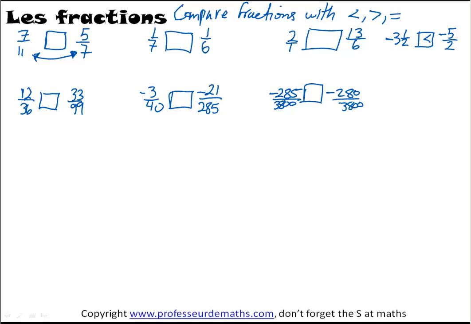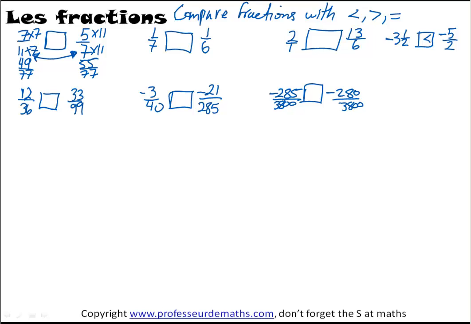So what we're going to do now is multiply the first fraction by 7 over 7, and the second fraction by 11 over 11. This should give you 49 over 77 and 55 over 77.